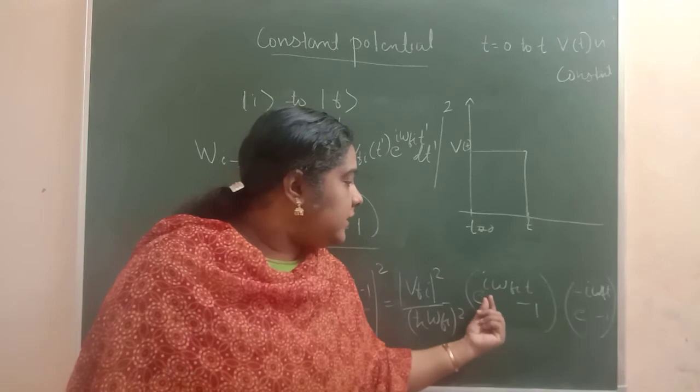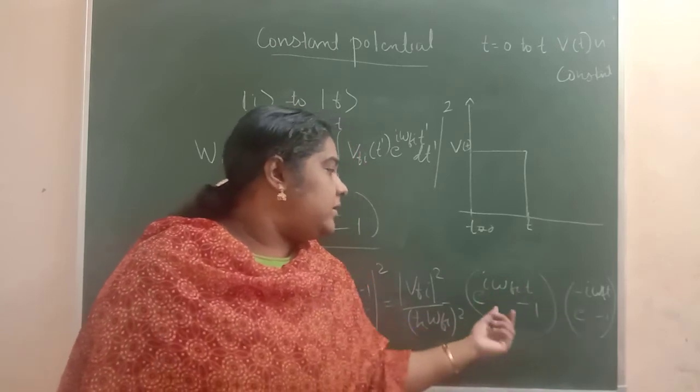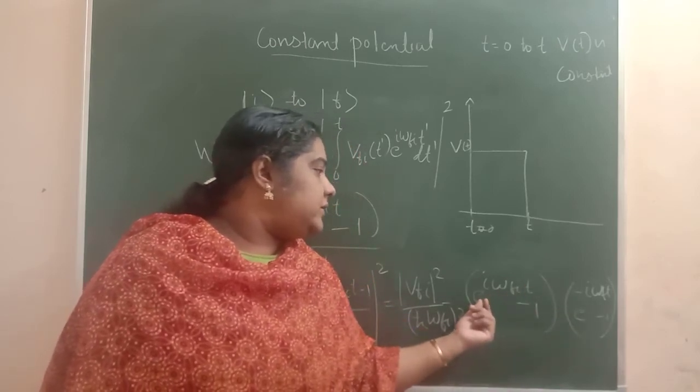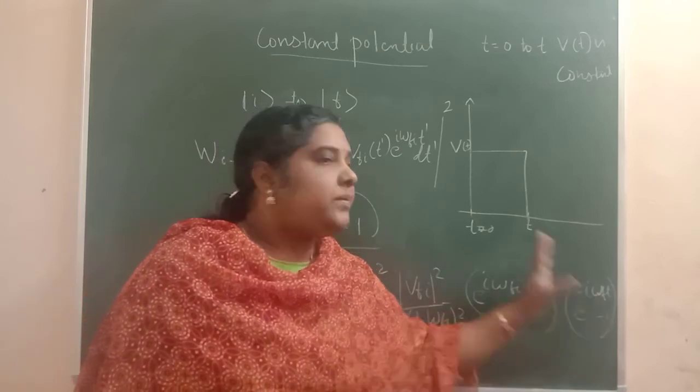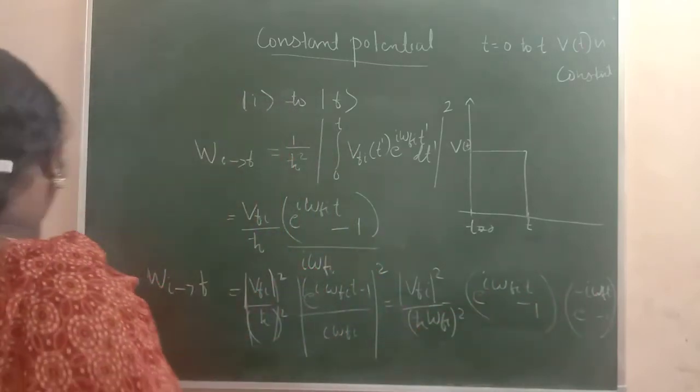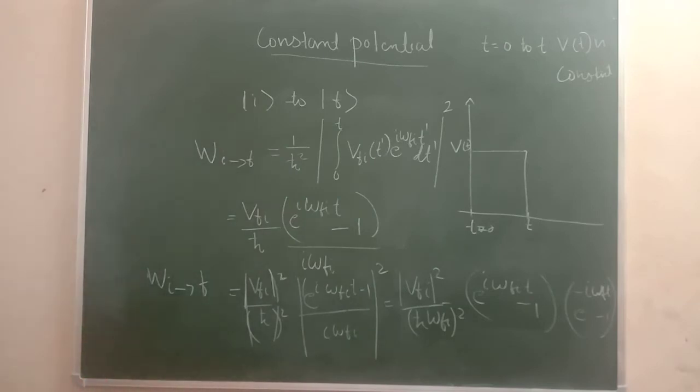So if you multiply this, you will actually get e raised to i theta minus 1 times e raised to minus i theta minus 1.